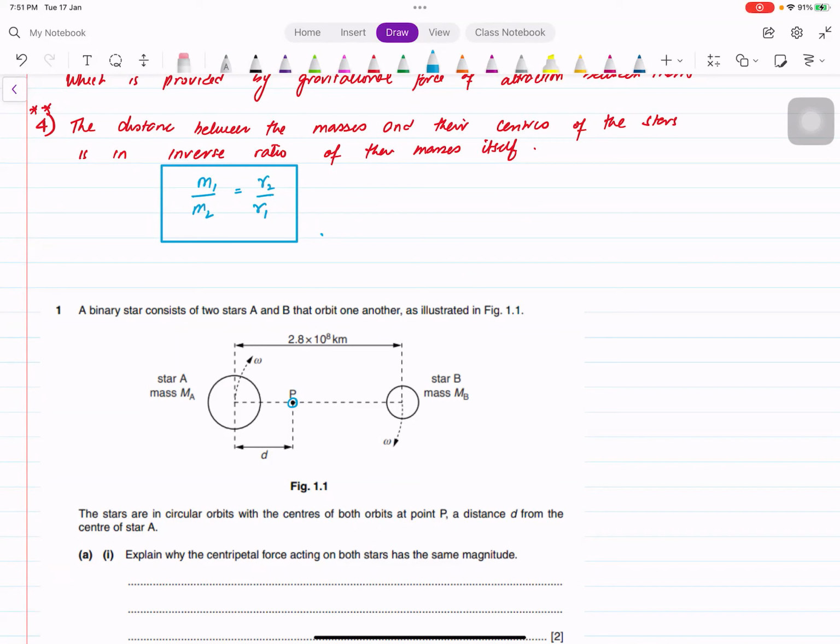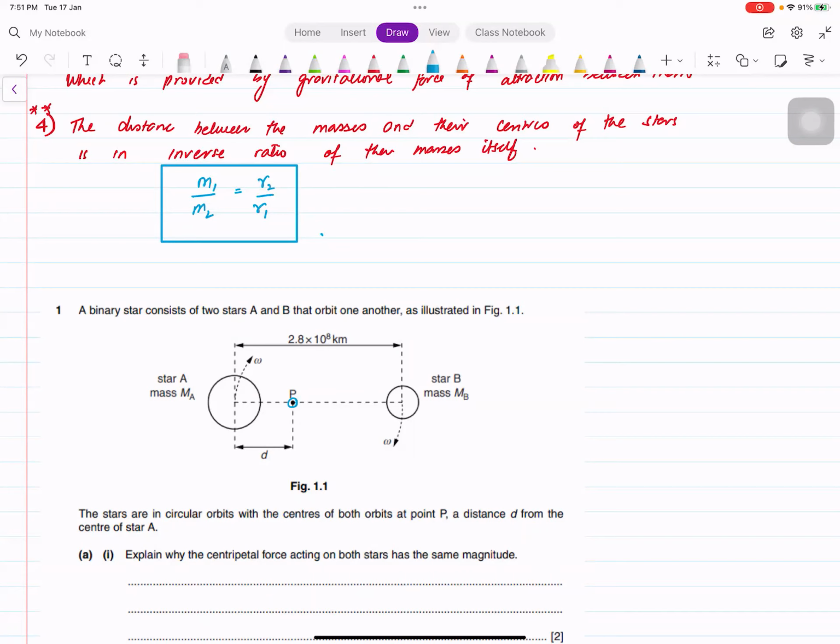Just by looking at it, doing nothing really. Star A. Star A has the greater mass. Why? It's got a bigger radius. No. Okay. So isn't it star B? No.